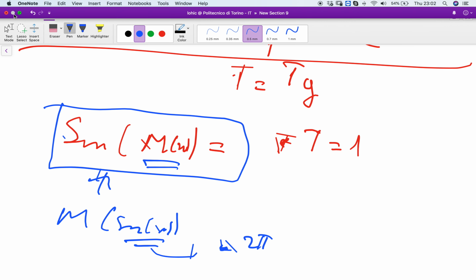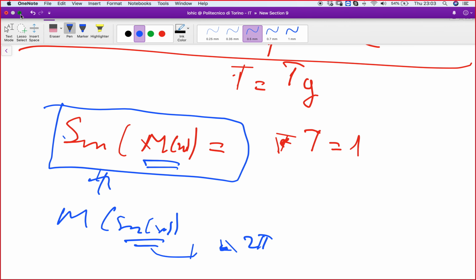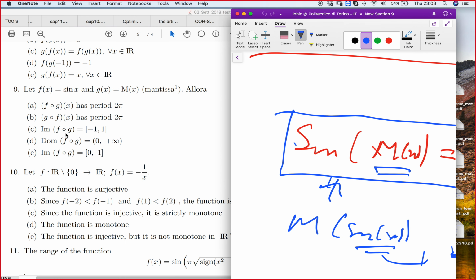So going back to our exercise, you can see here that we have sine of x and we have mantissa of x. Then f of g of x means sine of mantissa, right? But the period of this is 1.